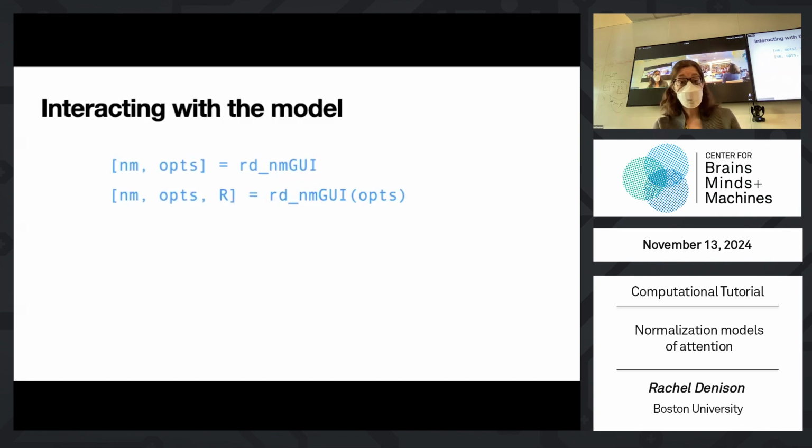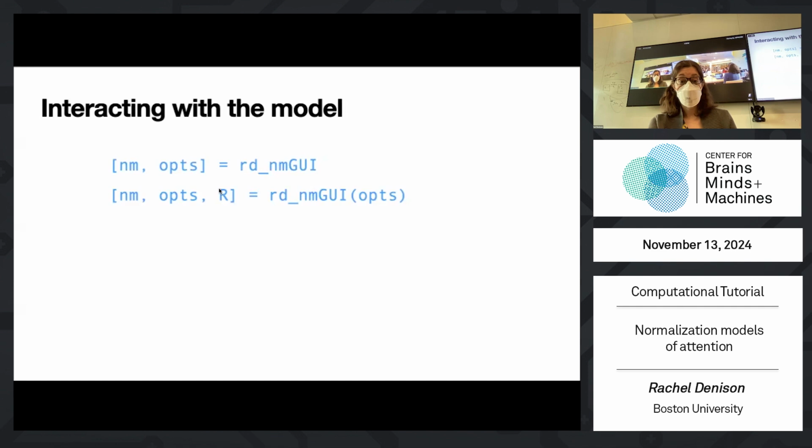You can use this OPTS argument, and OPTS is a structure that can take model options for the model parameters. You can also, if you like, have this extra R output, which is the whole response of the whole population.